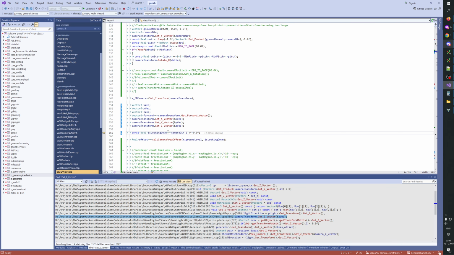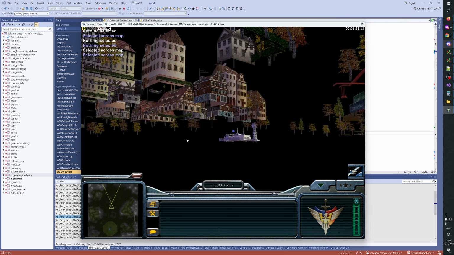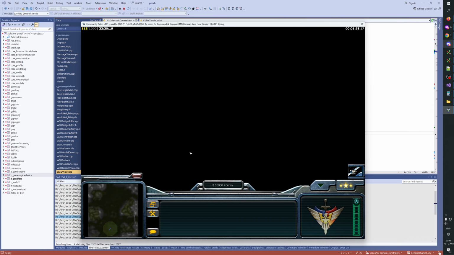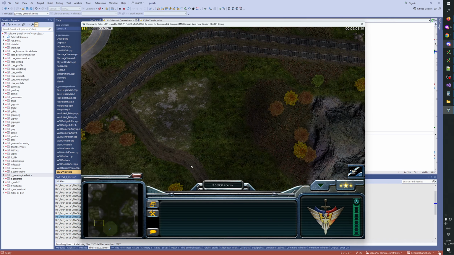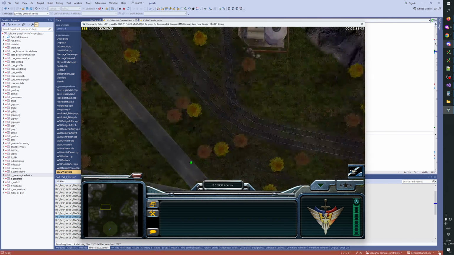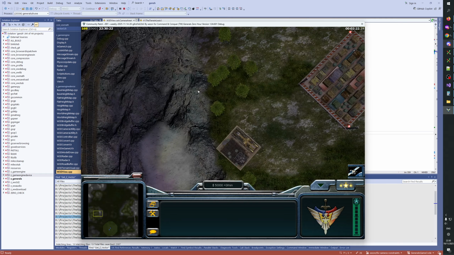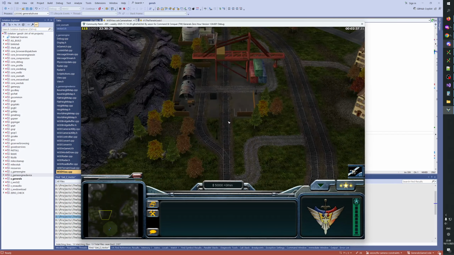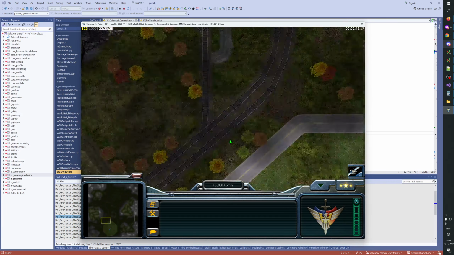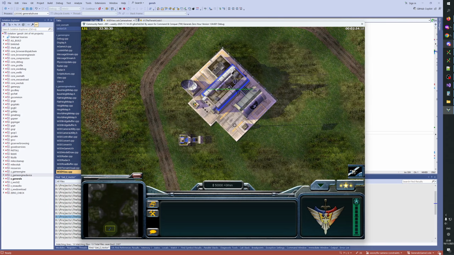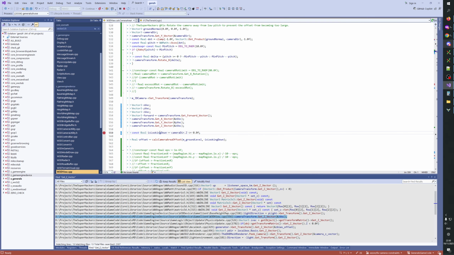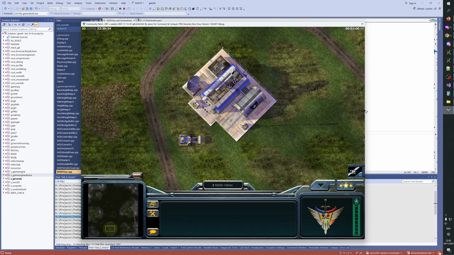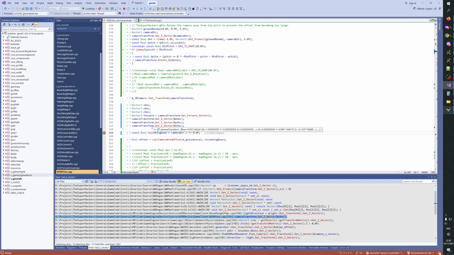I really don't understand why this doesn't work correctly. So we're locking down now, yeah? We're locking down. So Z clearly should be negative, right?